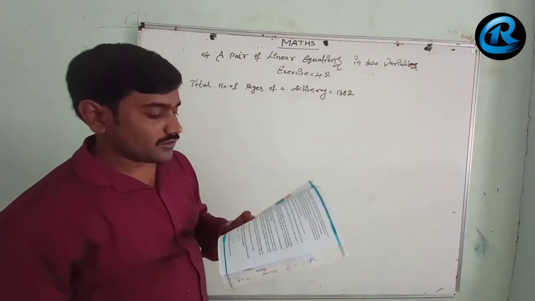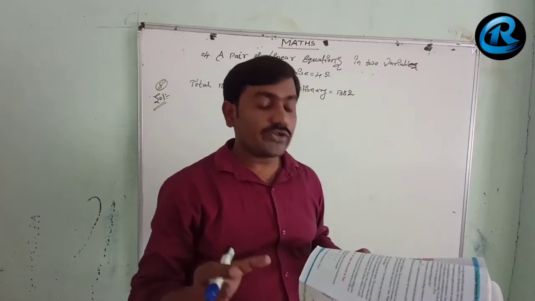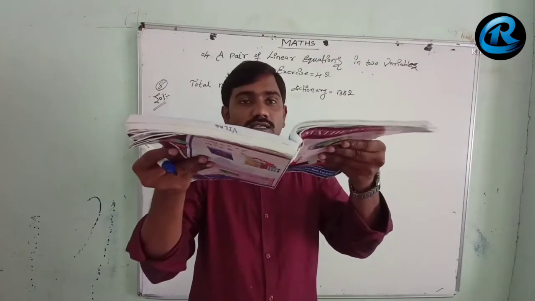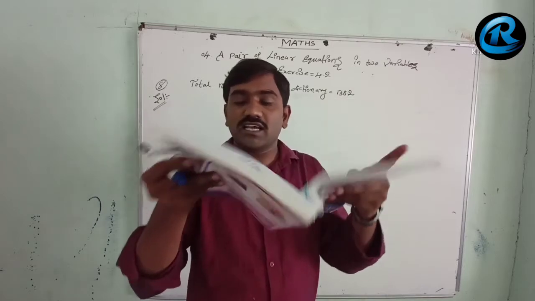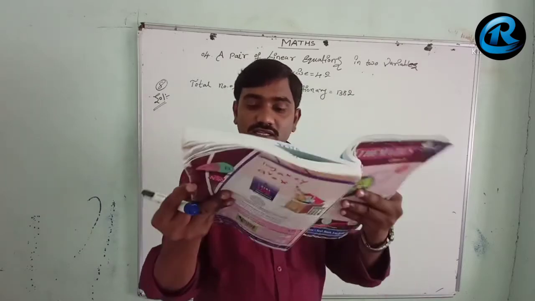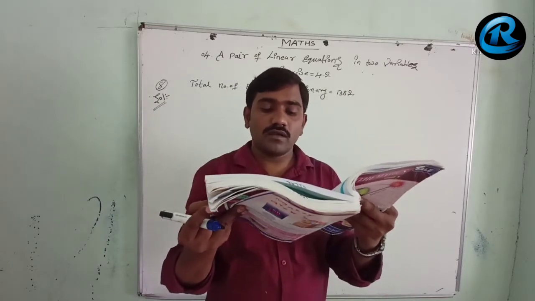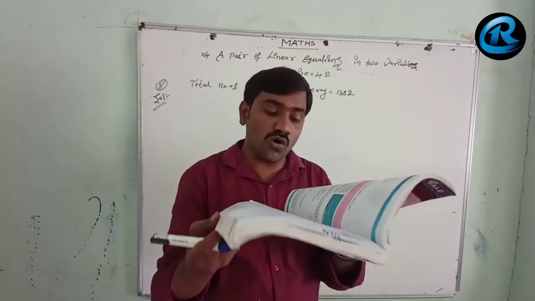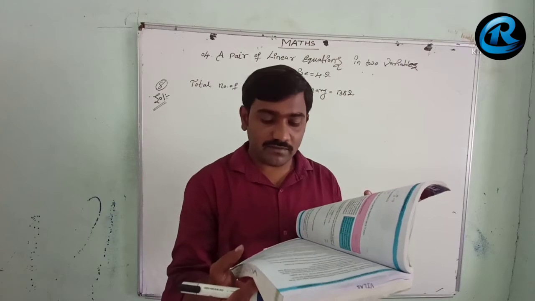If it is broken into two parts, suppose if you think it is a dictionary, if it is broken into two parts, so the second part of the book is 64 pages more than the first part.